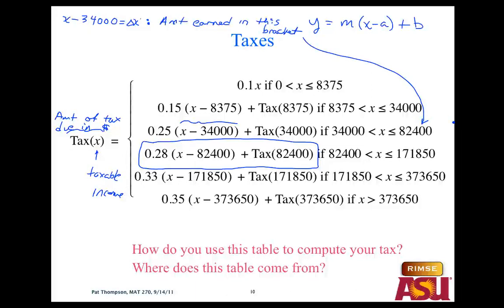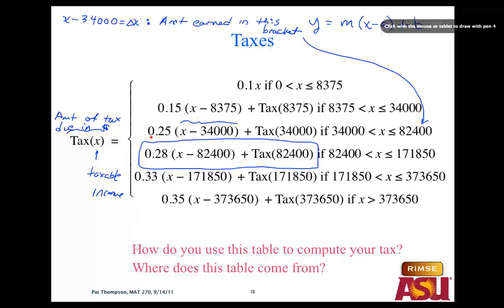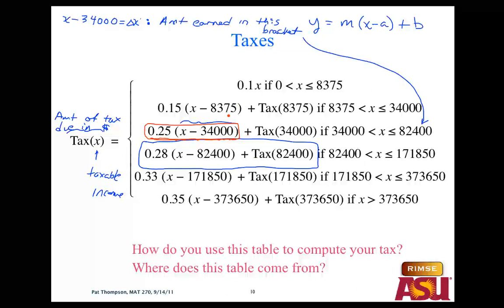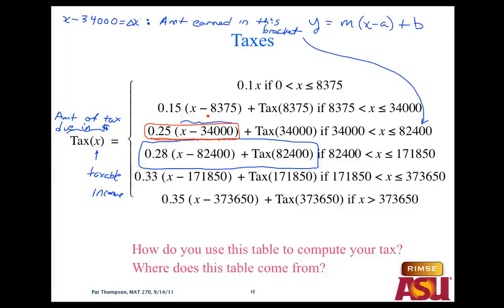Okay, so now I'm going to switch to red here. So now all of this, somebody new. What does all of that represent? I'll put a circle. David. That would be the amount of taxes owed. You were above 34,000 up to $82,400.